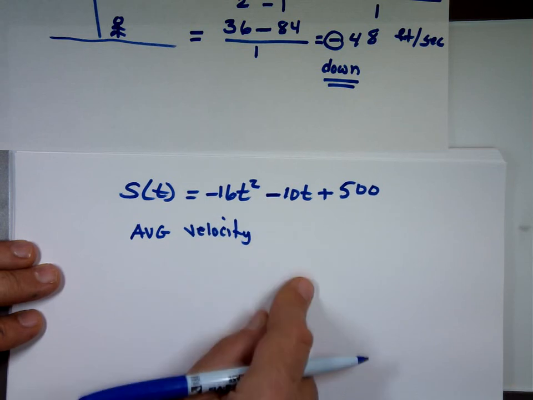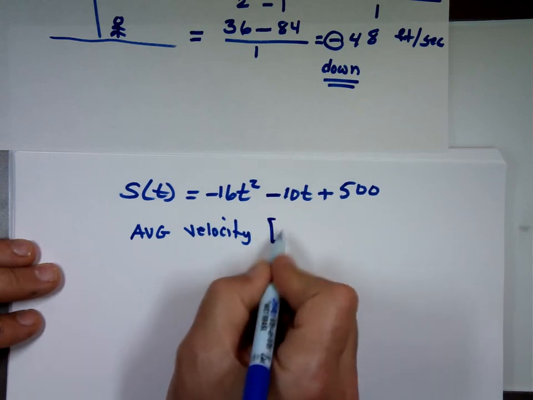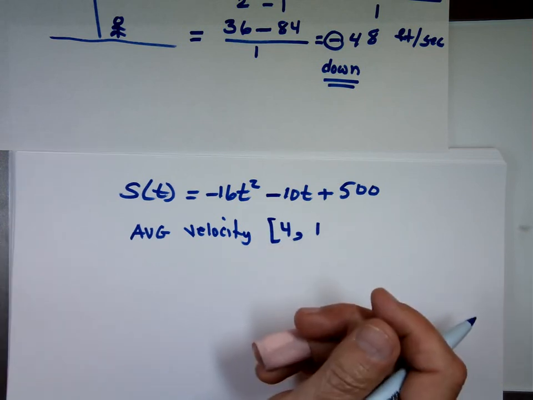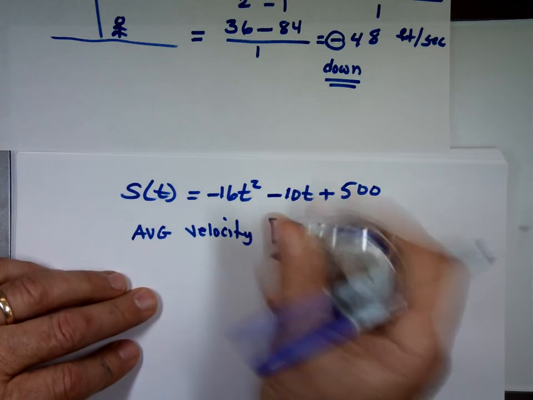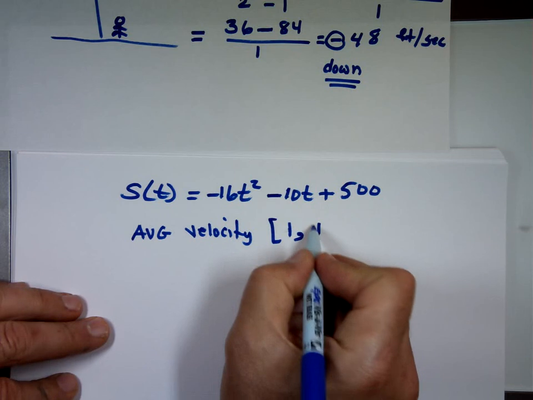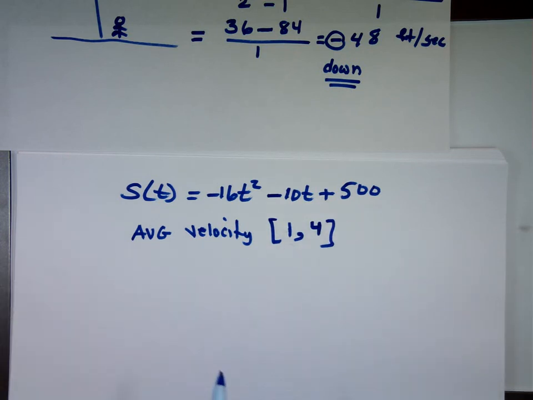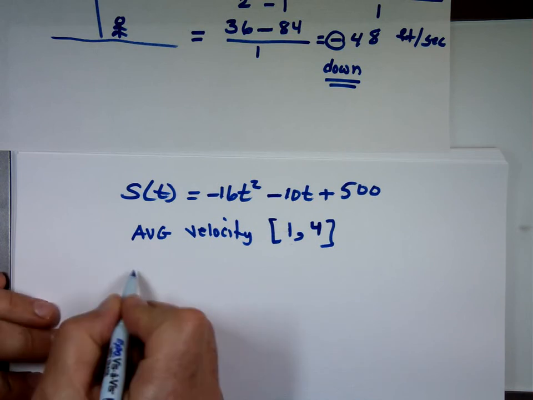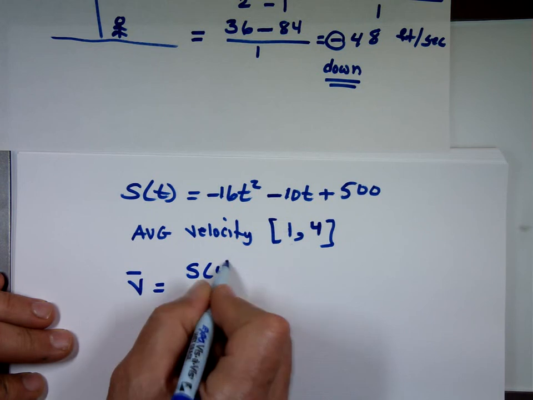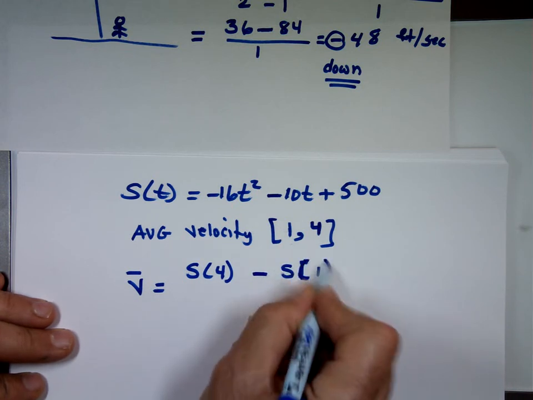If I go average velocity as you go from 1 to 4 seconds, not 4 to 1, as the time goes from 1 to 4 seconds, the average velocity is going to be the position at 4 seconds minus the position at 1 second over 4 minus 1.